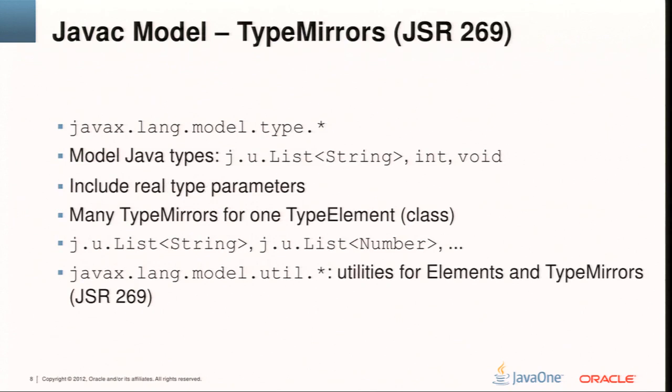The second part of the model is a type system, which models type mirrors. It is defined in a package javax.lang.model.type, and Java types are, for instance, int type or void type, null type, or j.u.List of strings.